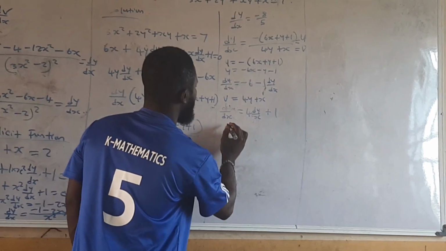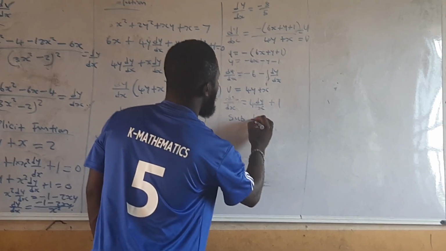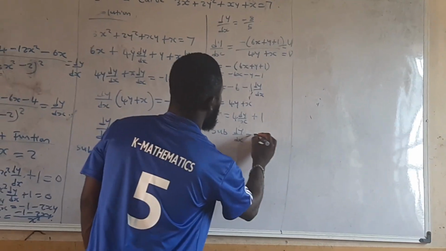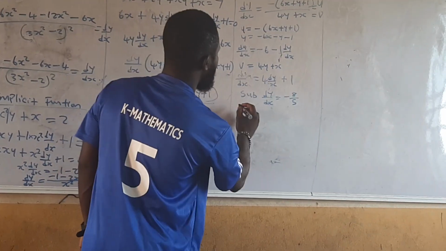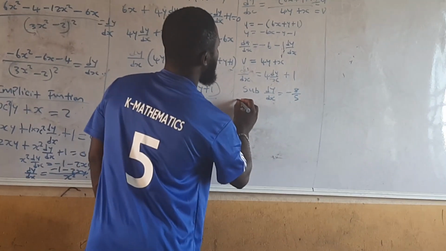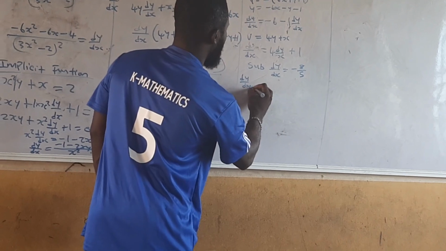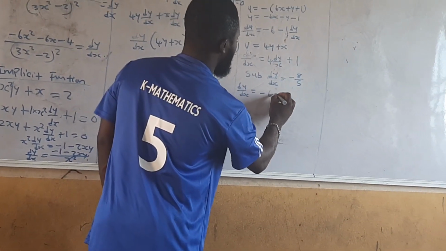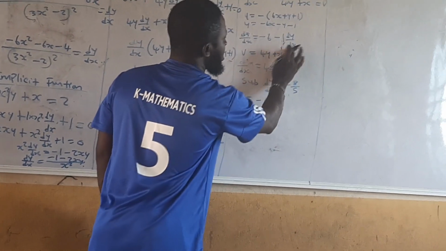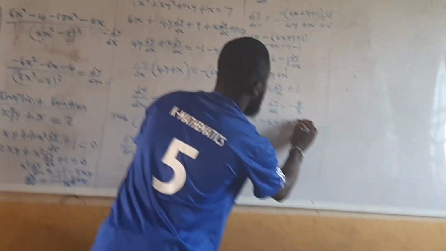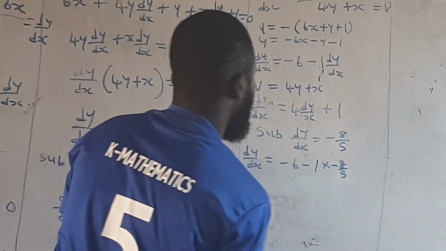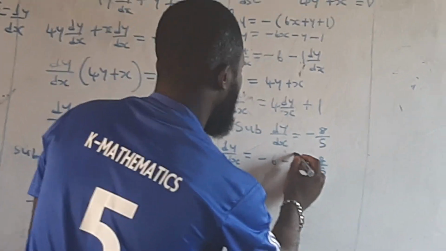So that's it. But recall that, let me say substitute, dy/dx equals minus 8 over 5 in this. So that means our du/dx, we now come to minus 6 minus 1. Well, because there's dy/dx there, I'll put times minus 8 all over 5. So let's have it that way.